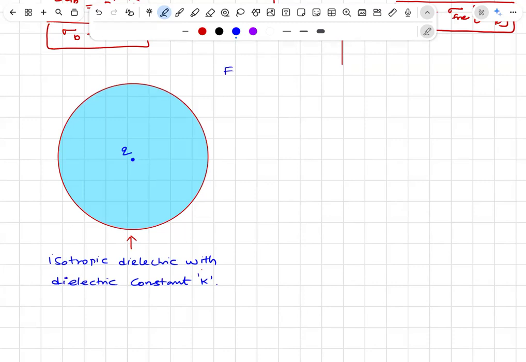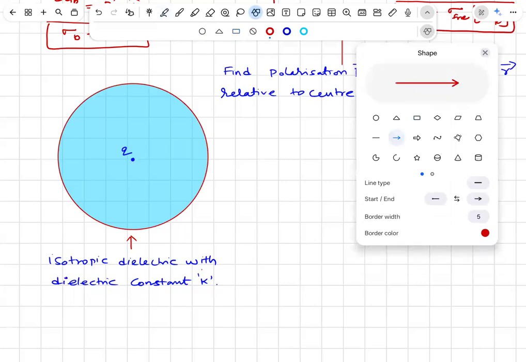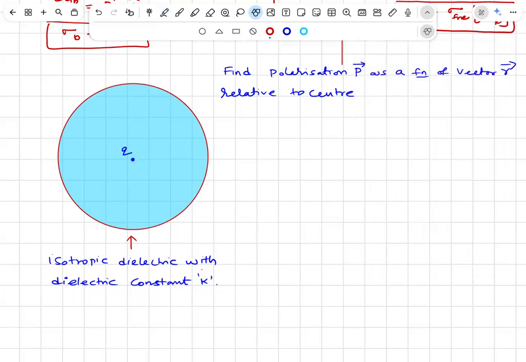What they want is to find the polarization as a function of vector r bar relative to the center, which means at that point I want the polarization.